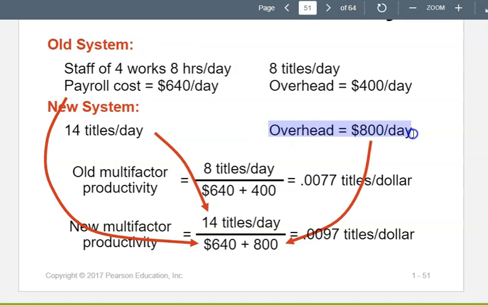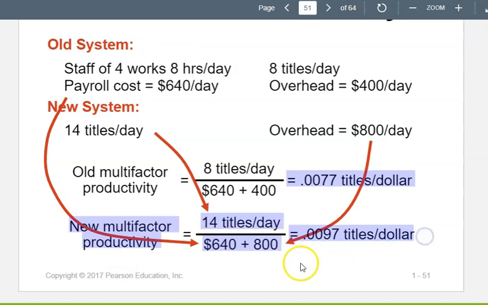So you're paying $400 more, and although there is a higher cost involved here, we still could manage to increase our productivity after changing the number.